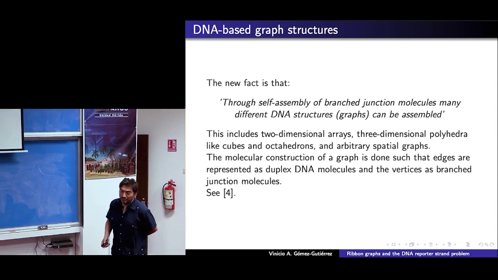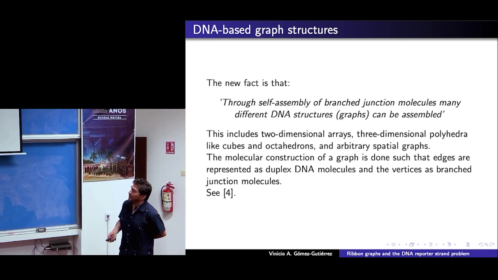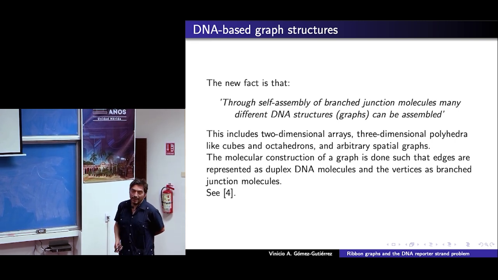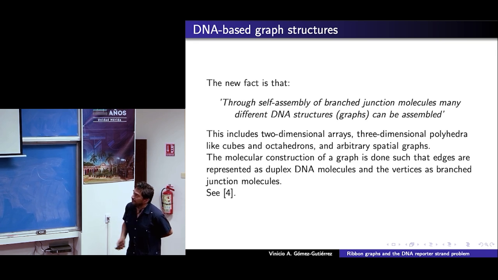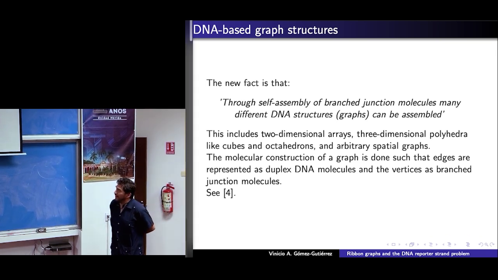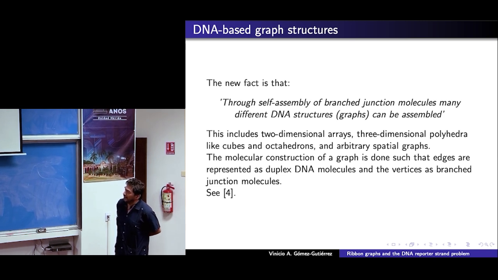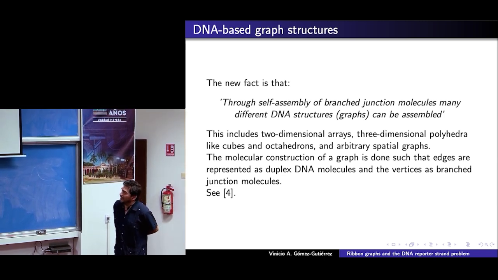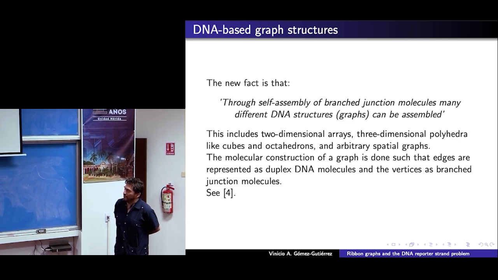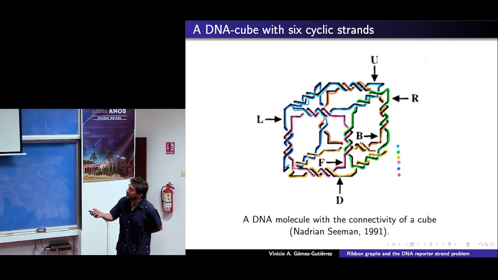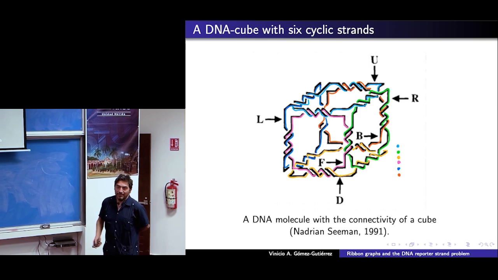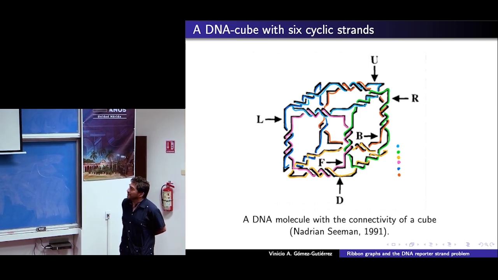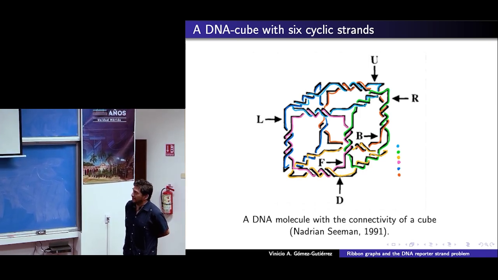This includes two-dimensional arrays, three-dimensional polyhedra like cubes and octahedrons, and arbitrary spatial graphs. The molecular construction of a graph is done such that the edges are represented as duplex DNA molecules and the vertices as branched junction molecules. This is an example of a DNA cube with 6 cyclic strands.